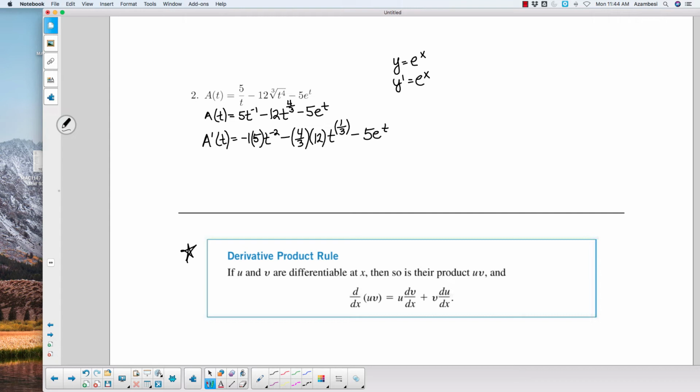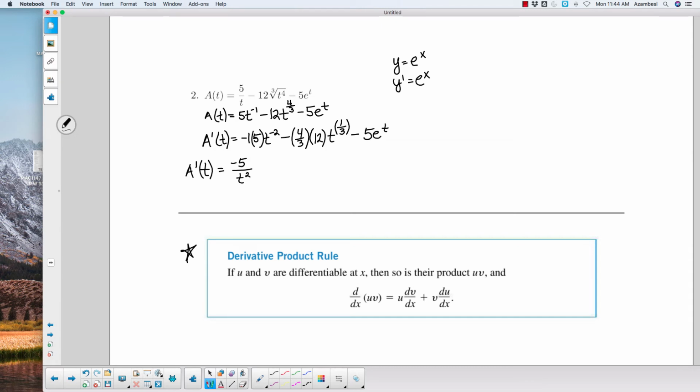All right, cleaning that up, a prime of t is equal to negative 1 times 5 gives me negative 5 on the top, and I'm going to make this t squared on the bottom.